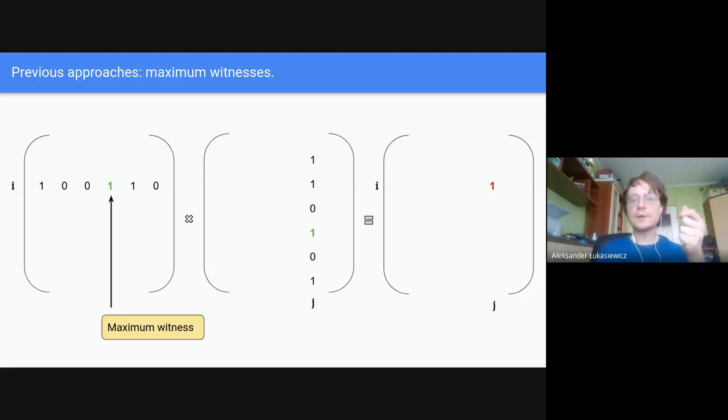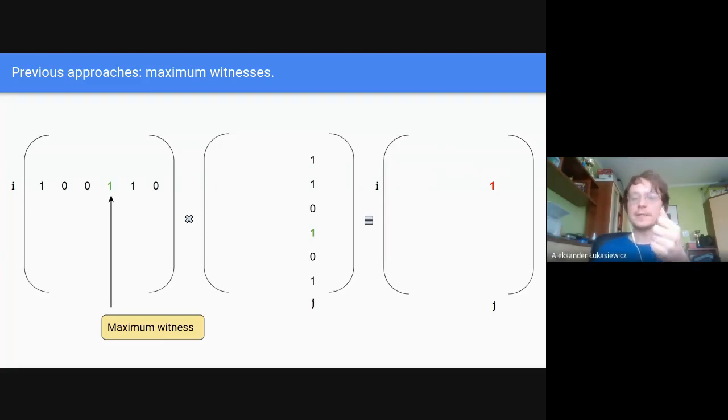Here on the slide, we have highlighted in green the rightmost one that matches a one in the second matrix. We call any such one a witness of the non-nullity of the entry in the resulting matrix.